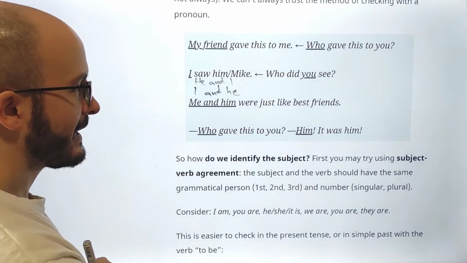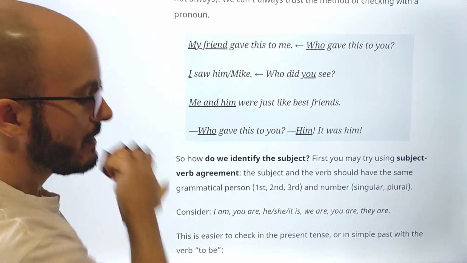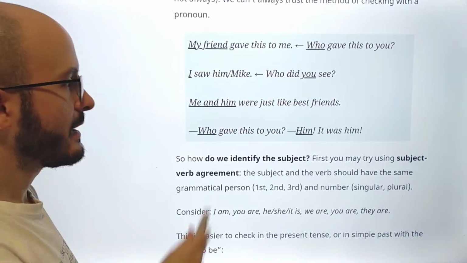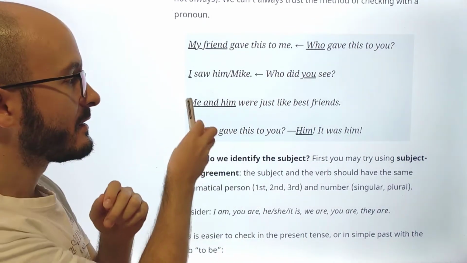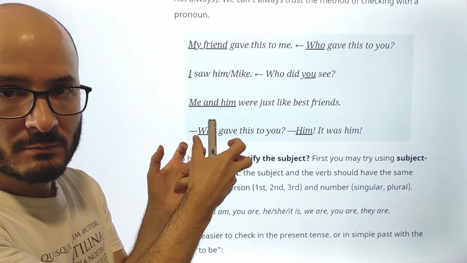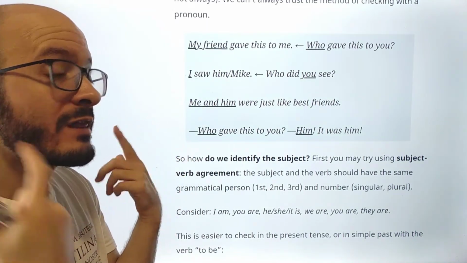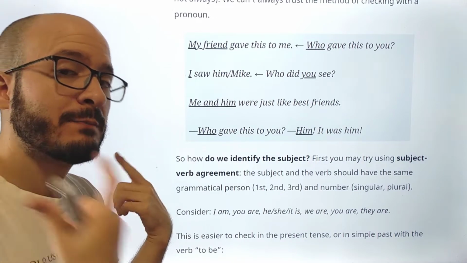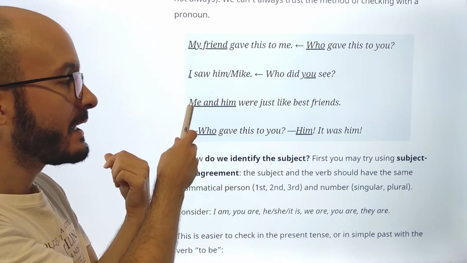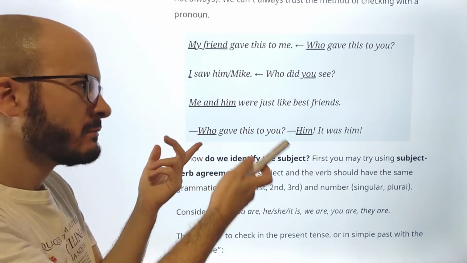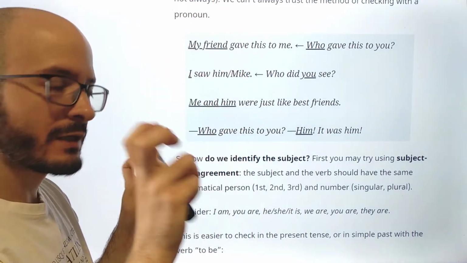In real life, depending on the context, many people will actually say me and him. Here we see that strictly these are object pronouns, but they refer to the subject. So this trick of exchanging what we think is the subject for a subject pronoun doesn't always work, because here we should have said he and I, but many people say me and him.